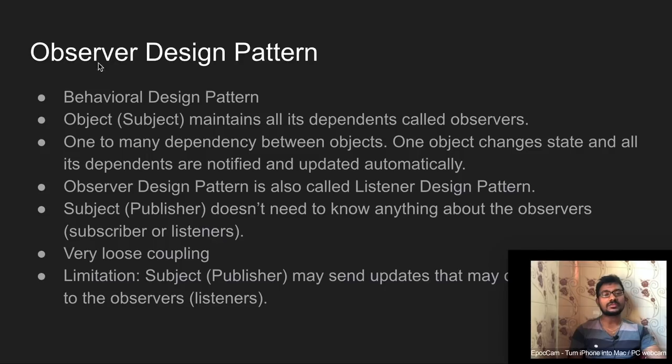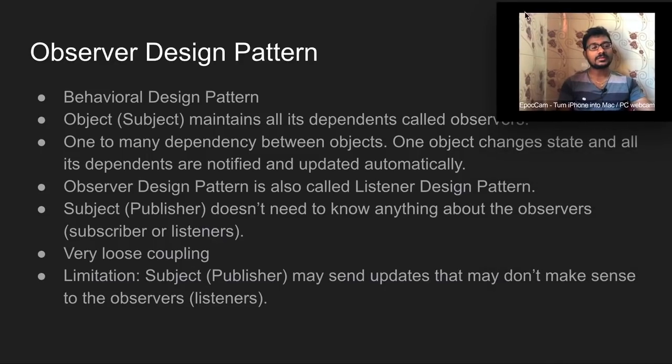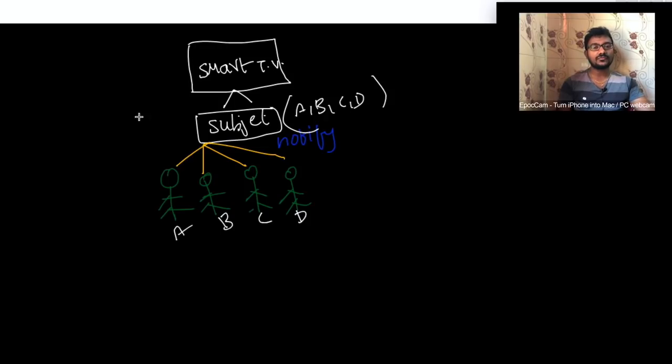And then the limitation. The subject or publisher may send updates that don't make sense to the observers. For example, if these are the 4 observers, and observer A has already bought this product on another online site, since A has registered with this subject, this site would send the notification regarding this product availability on a weekly or monthly basis.